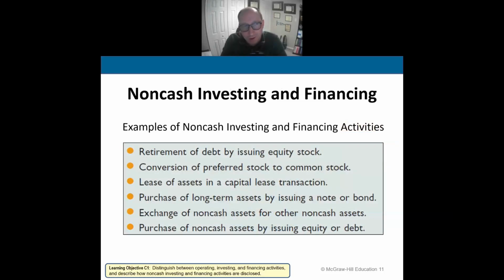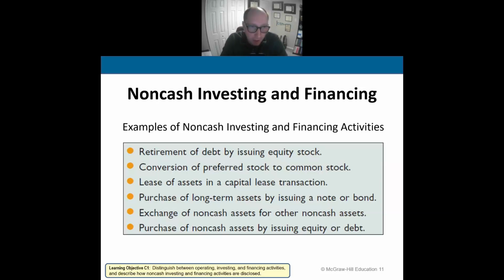Sometimes on a statement of cash flows, you might see this thing called non-cash investing and financing. That means there was no cash used in the transaction. That could be an exchange of assets, some assets for other assets.